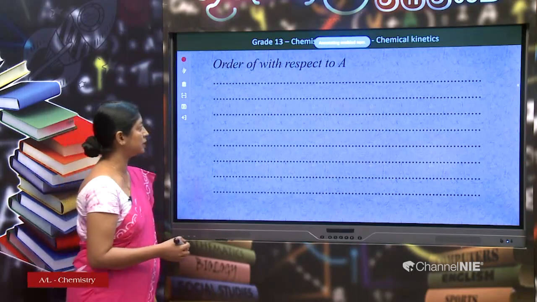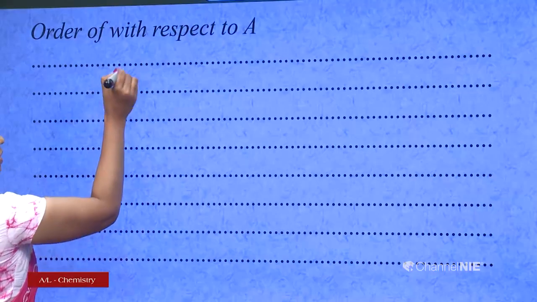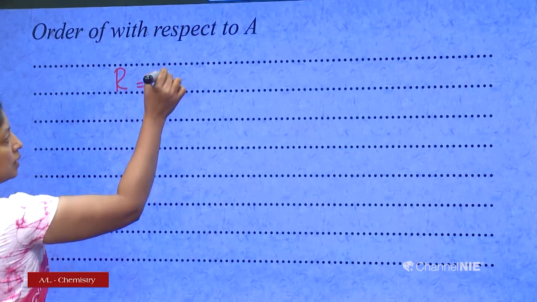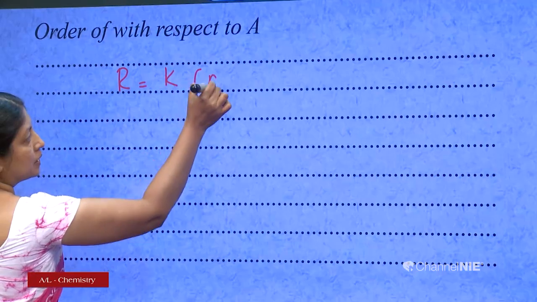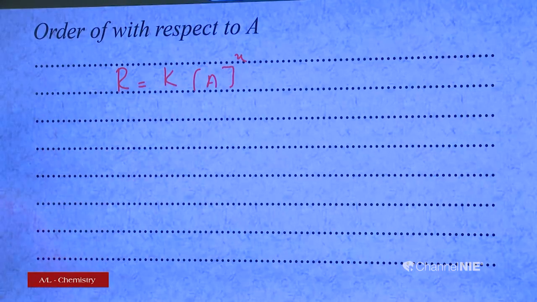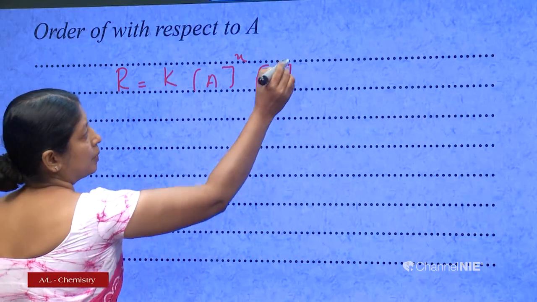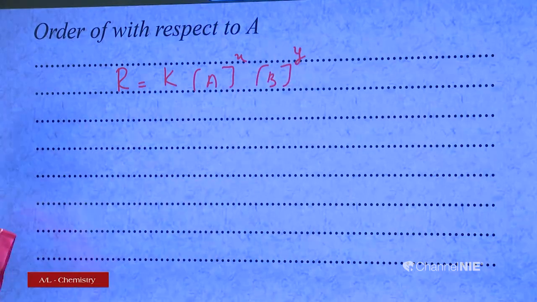In a previous lesson we discussed how to write that. Then R equals k, the first reactant A, order with respect to that x, and the second reactant B, order with respect to that y. You can consider any letter; here I have considered x.